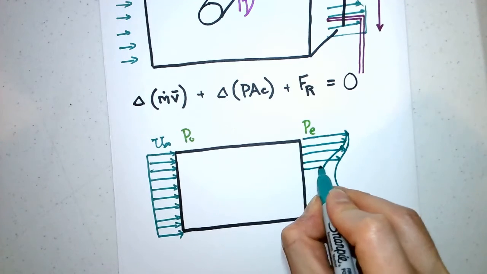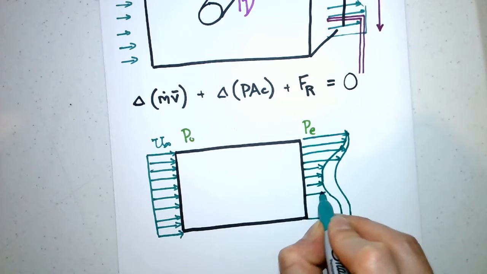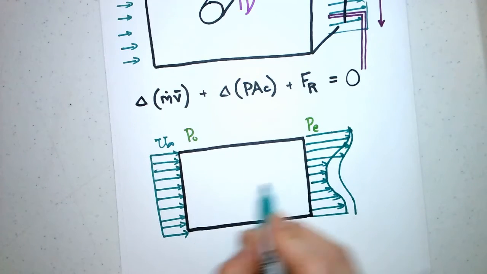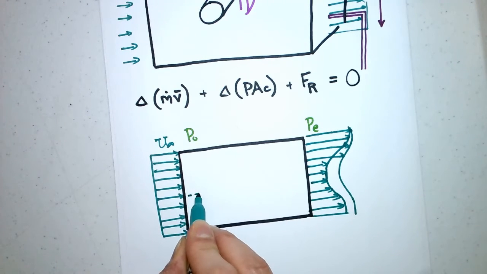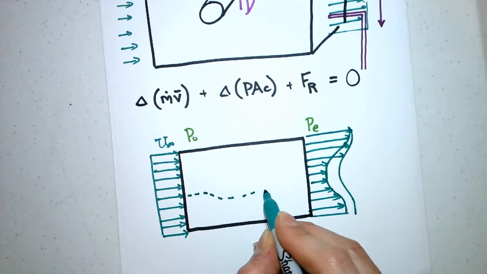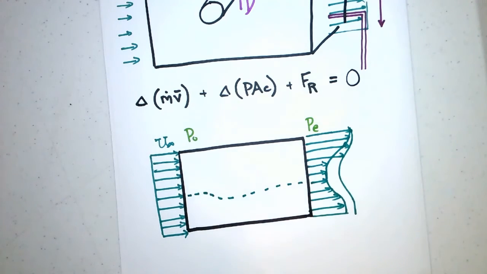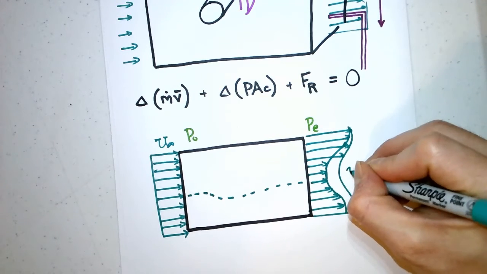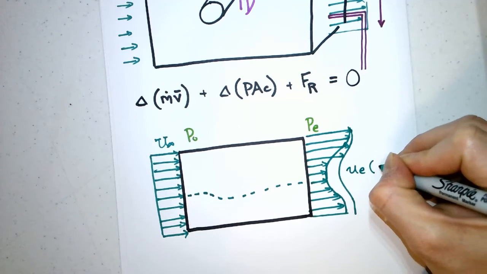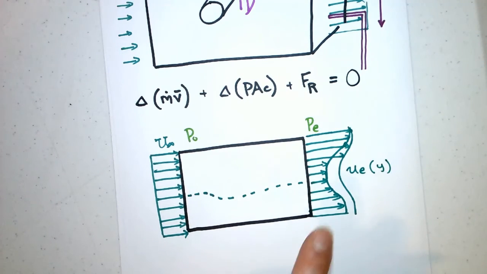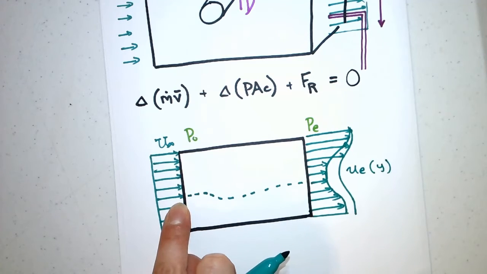All right, so the idea here, what I'm trying to capture is that if we follow any one streamline through here, this one might have to be something like this. But the exit velocity is not the same as U infinity.